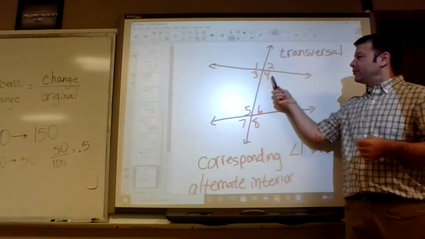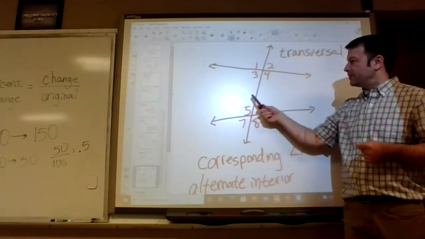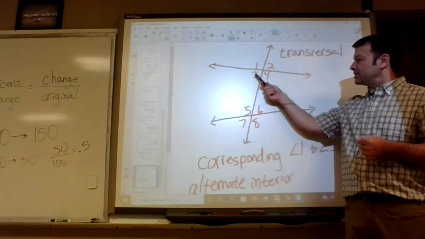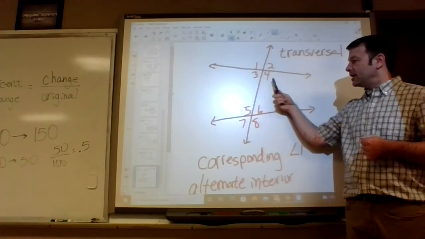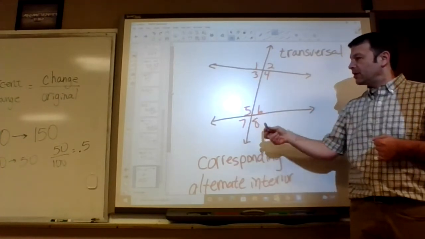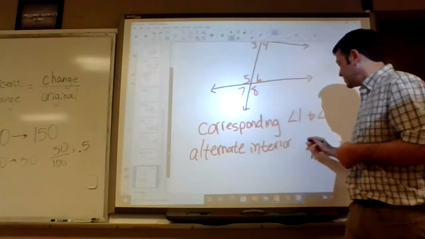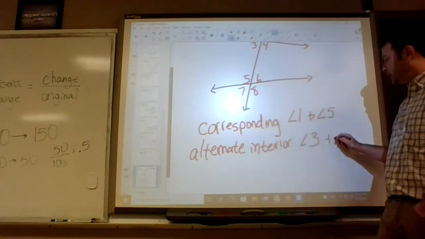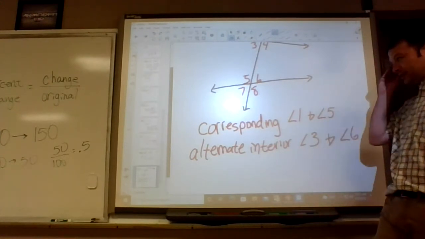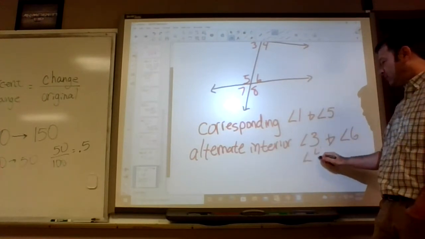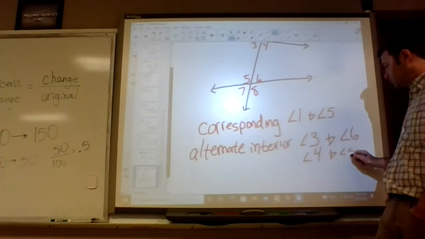You might think 3 and 4, but actually you have to alternate from up here to down here. So 3 and 6, and 4 and 5 are alternate interior. I'll write down 3 and 6 as an example, angle 3 and angle 6, and 4 and 5 too.